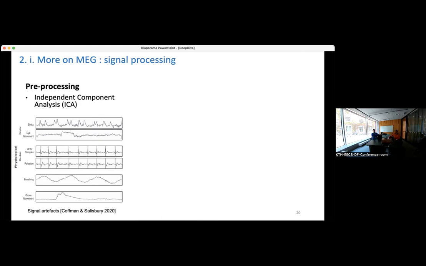Other examples are breathing, and you also have your cardiac properties that you can remove. So what is called pre-processing is you try to remove all the artifacts that you can, to hopefully have something that is as close as possible to what only the brain created.